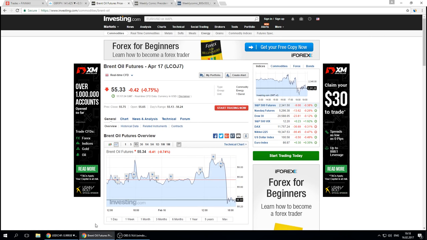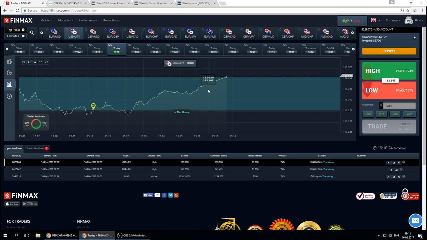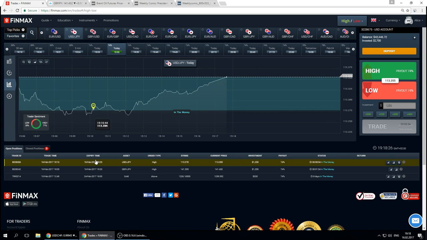So today we see that the price for Brent has fallen from $56 to 55. Well, almost, as Investing tells us, a 42 cent difference, which is pretty good.